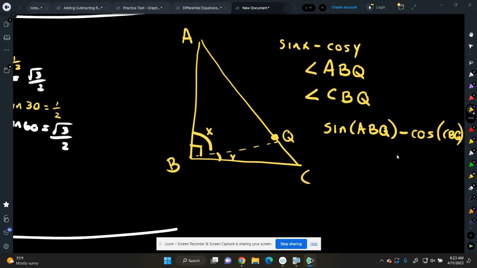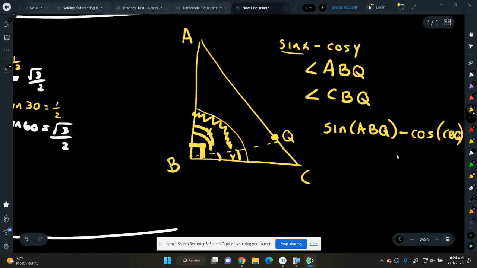This is a cofunction problem because these two angles add up to 90 degrees, which means they're complements of each other. So the sine of this angle is equal to the cosine of 90 minus that angle. Well, 90 minus this angle equals y. So the sine of x is actually equal to the cosine of y.